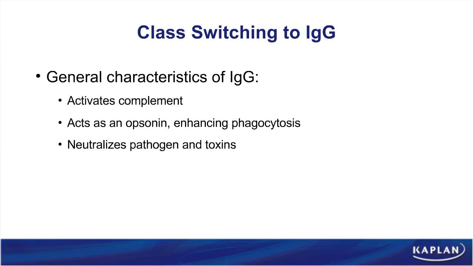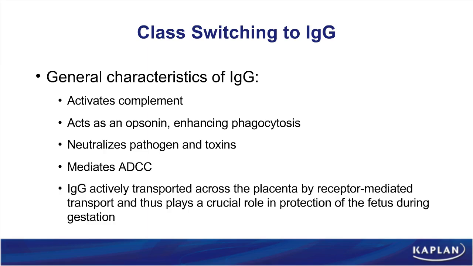And it mediates a very unique process, this antibody-dependent cellular cytotoxicity, which we're going to talk about in detail when we get to cell-mediated immunity. And then finally, IgG is the only, hear this, ladies and gentlemen, notice how high my voice just got, IgG is the only isotype that can cross the placenta.